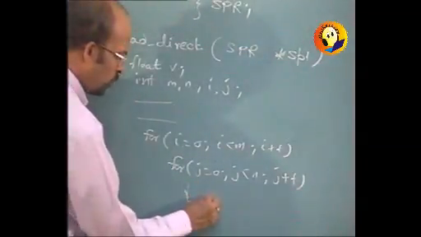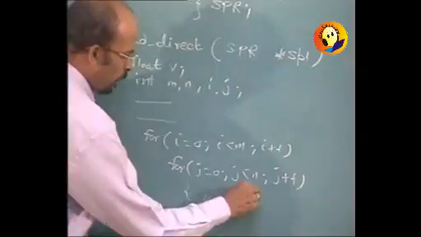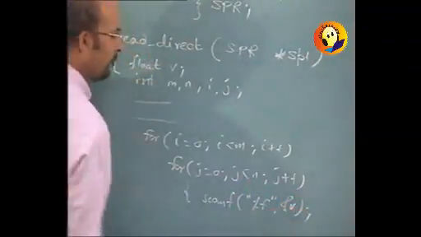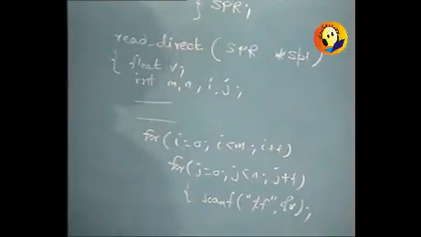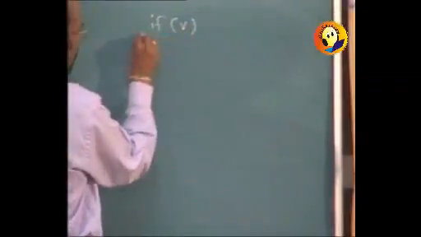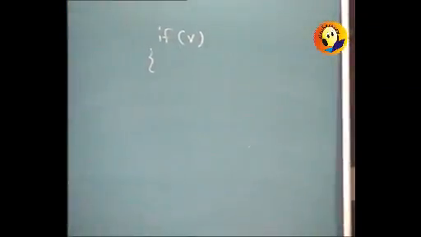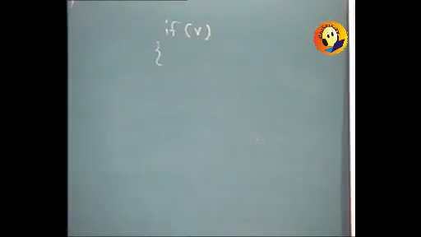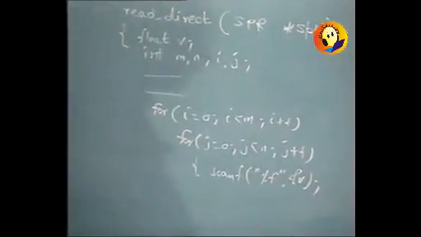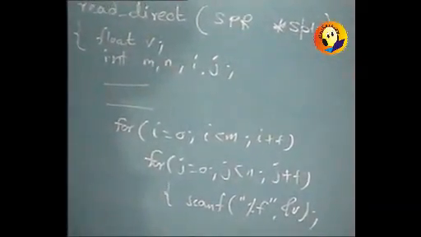And then we used to accept the values with scanf, %f and v. And if v is not equal to 0, that was our main code. We used to say sp1 square bracket k1 dot row. Refer to the code.